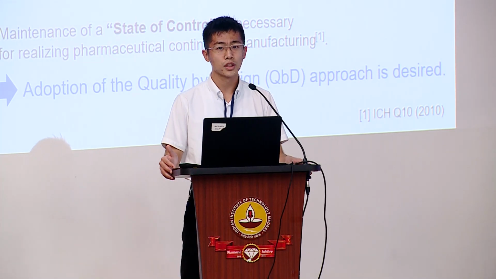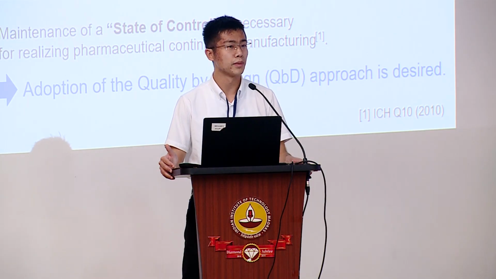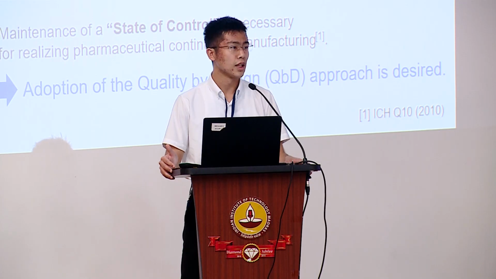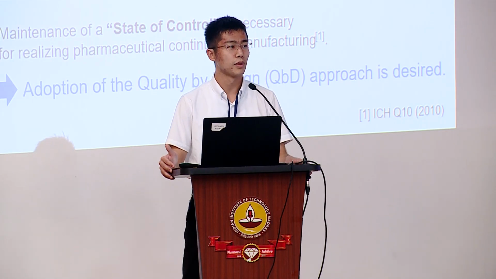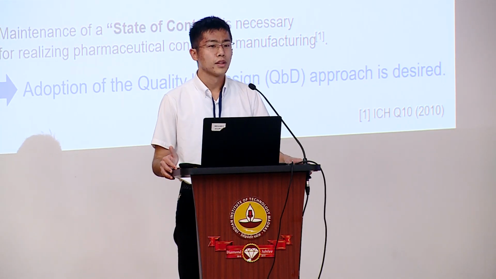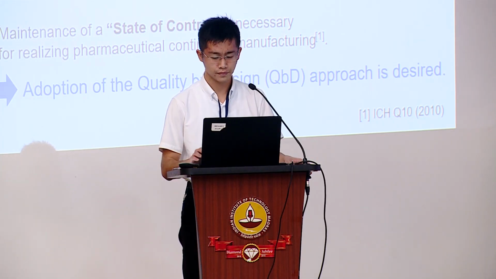In pharmaceutical continuous manufacturing, the ICH Q10 document requires establishment and maintenance of a state of control, which is defined as a state that consistently provides assurance of continued process performance and product quality. To meet this requirement, the quality by design (QbD) approach, which aims at designing processes that can reliably guarantee quality instead of testing quality, is suitable.